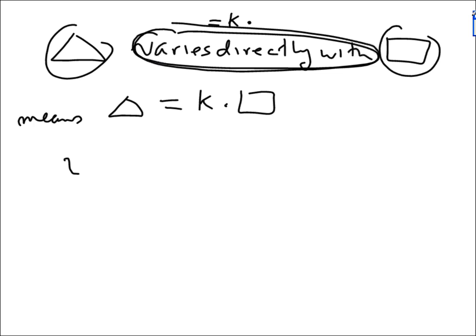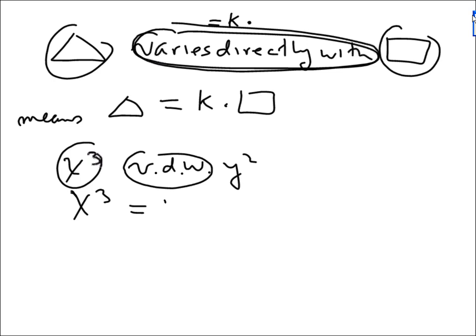For example, if I tell you that x cubed varies directly with y squared, what does this mean? It means x cubed is equal to k times y squared. There it is. That's what x cubed varies directly with y squared means.